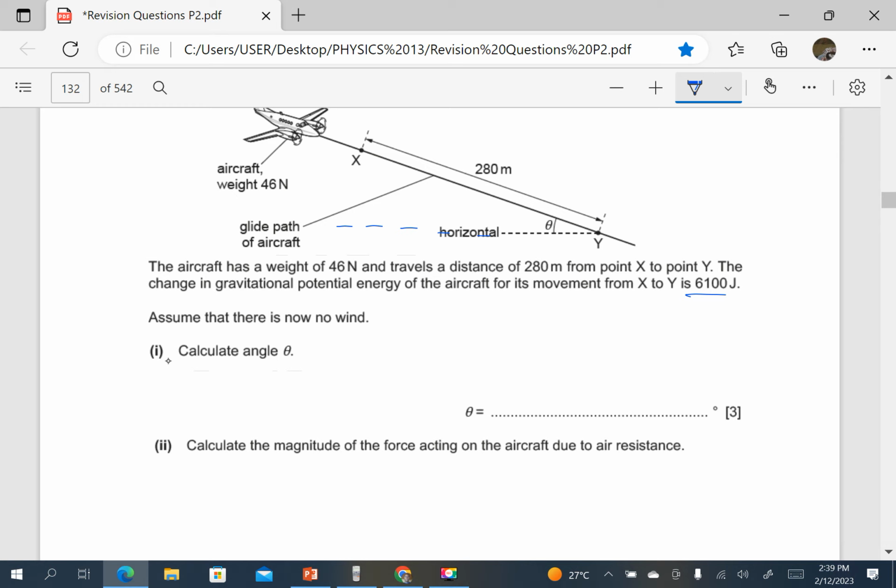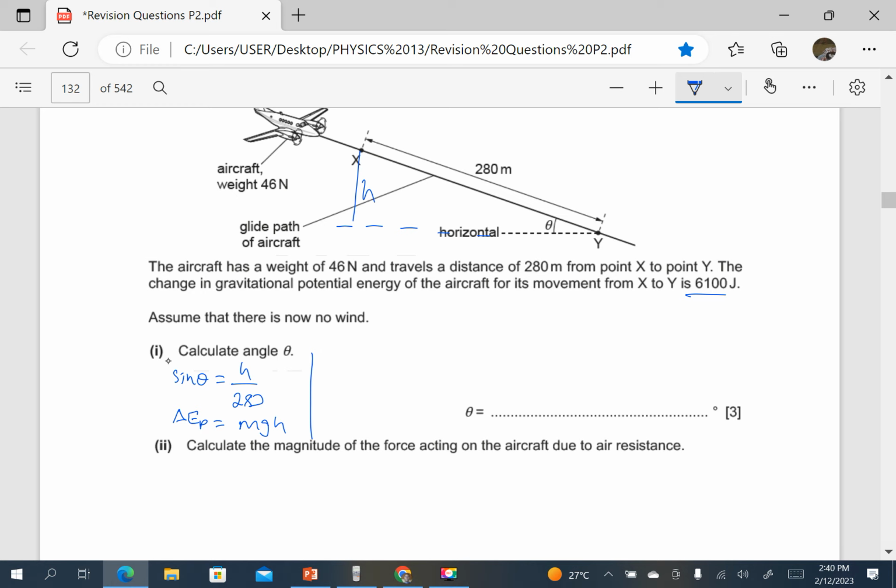To calculate angle theta, we shall need the vertical height h, because sine theta is equal to the opposite, which is h, over the hypotenuse, which is 280. But from the change in gravitational potential energy, which is equal to mg times the change in height, we can find h.